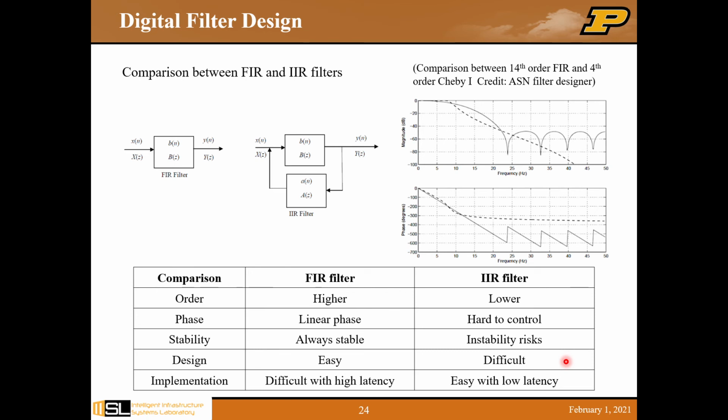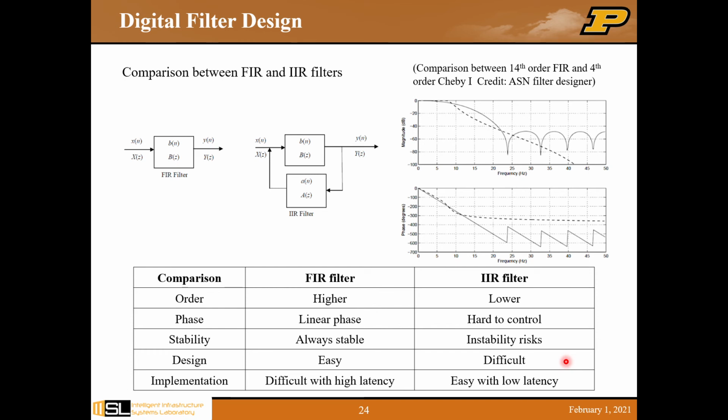For the implementation, because the FIR filter needs higher order, it needs more coefficients and more memory to store, and also eventually needs more computational time to implement. And because of its high order, it usually has high latency.